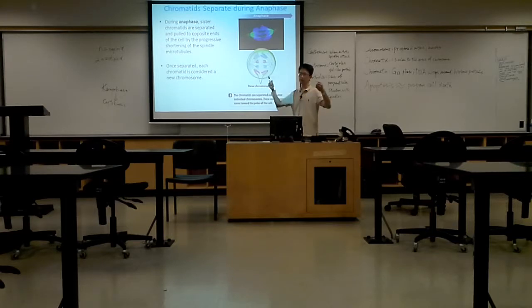It will pull the two chromatids apart, so that the chromosome will no longer have two chromatids. It will become one chromatid. This is what you see here. When the two chromatids are being pulled apart, then we call it anaphase.